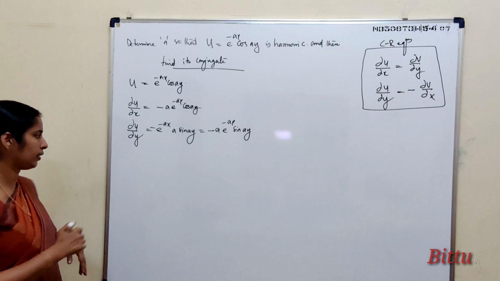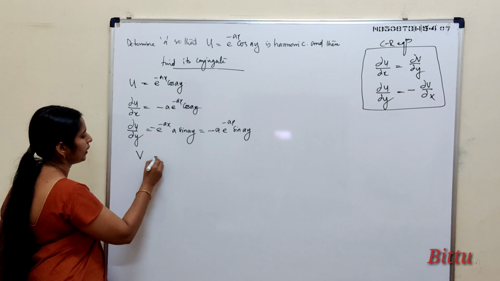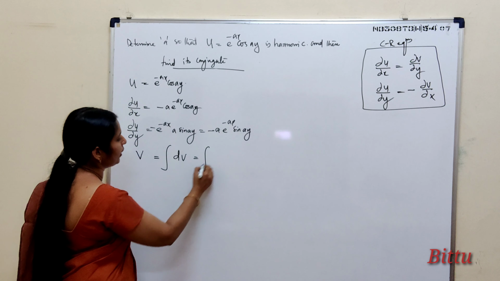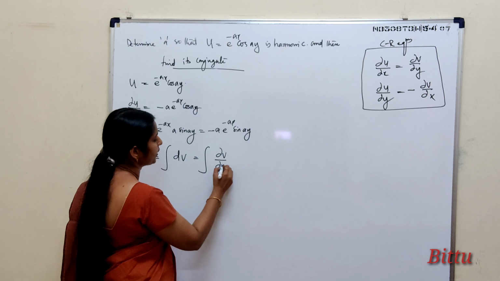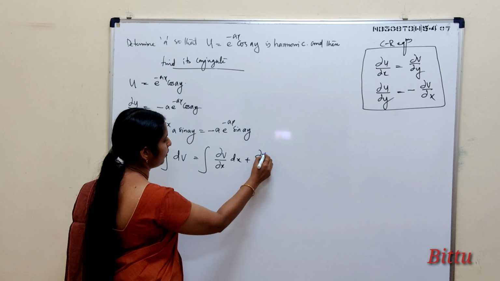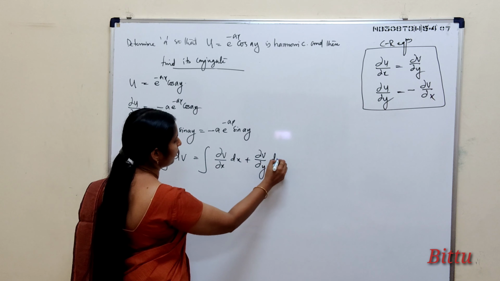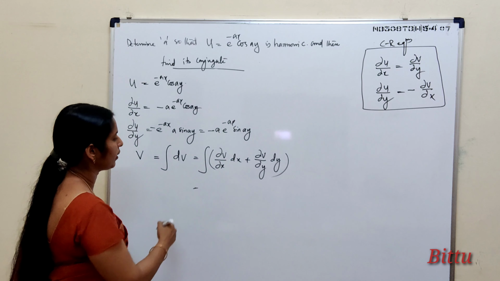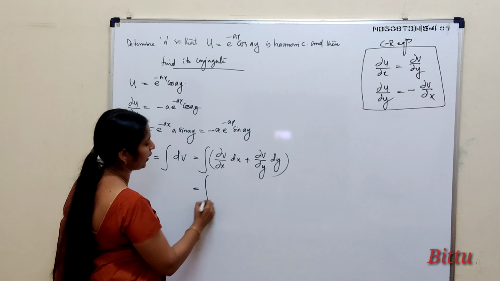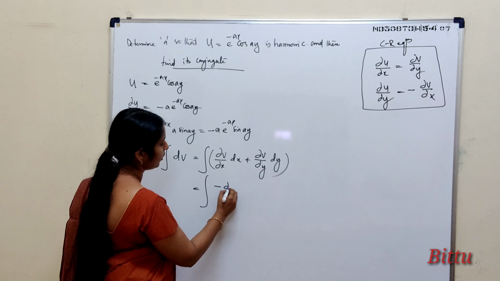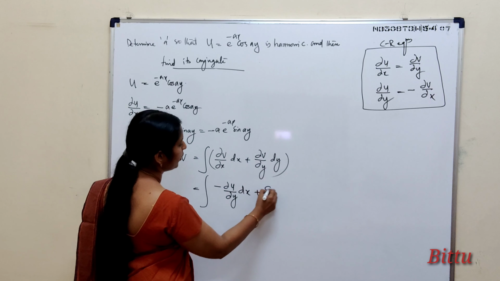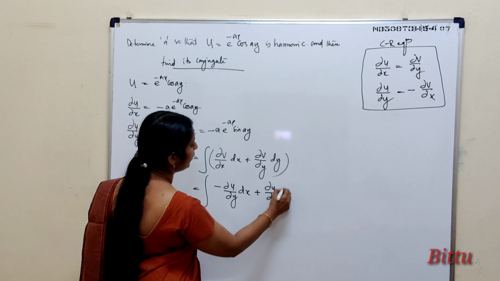Let b be its conjugate. So what is b? It is integral dv. What is dv? It is dou v by dou x into dx plus dou v by dou y into dy. You replace these two derivatives with the help of Cauchy-Riemann equations. So it is integral minus dou u by dou y into dx plus dou u by dou x into dy.